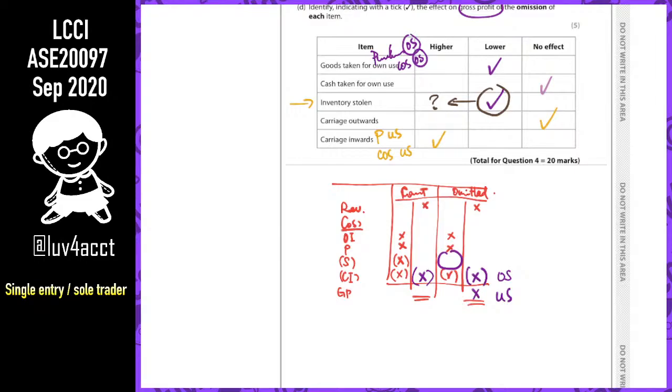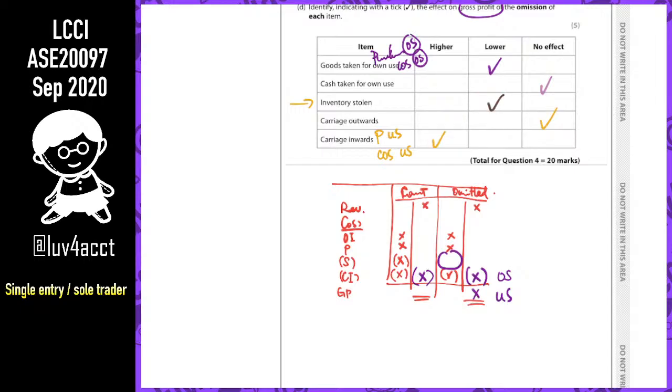My answer is correct, because you put what should be in your expenses into the cost of sales, overstating cost of sales. So I will keep my answer here.